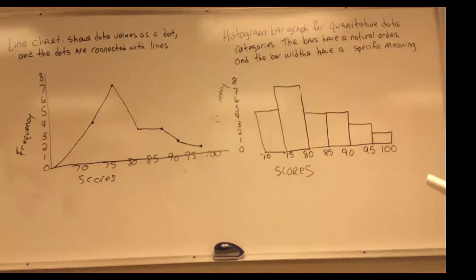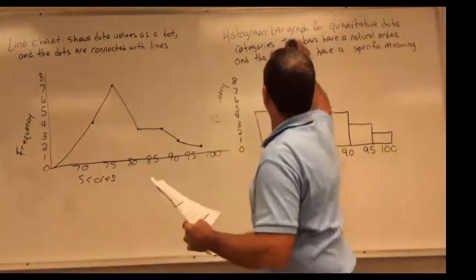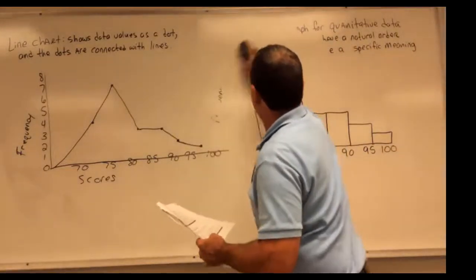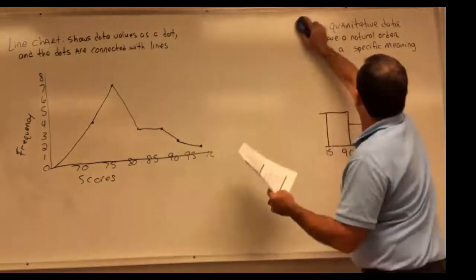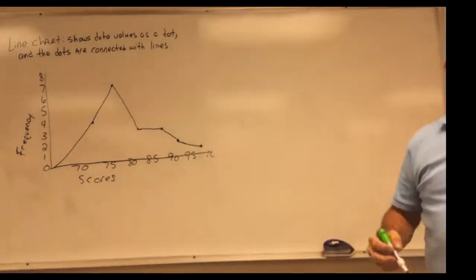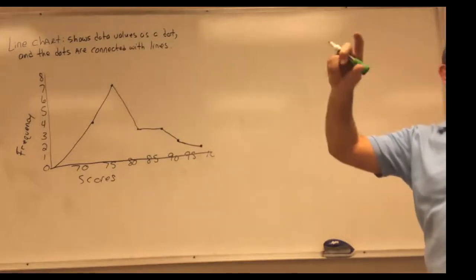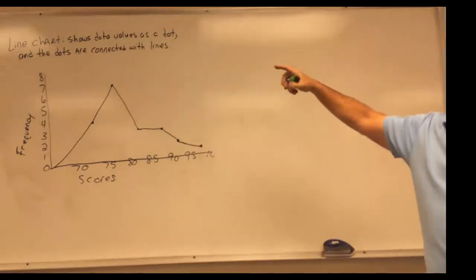The last one I want to look at is a time series graph. And what's nice is Excel, man, you can pick out which one of these you want. When you insert a chart, it'll ask you what type you're putting in.